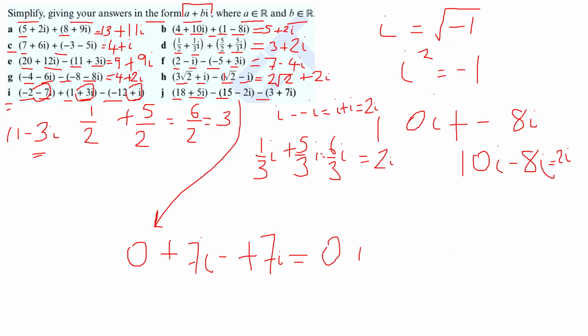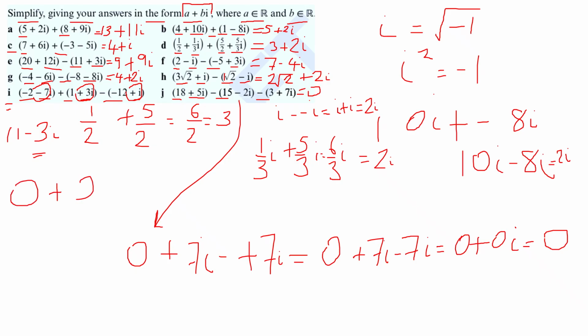So we got 0 plus 7i minus 7i, which is literally 0 plus 0i, which is just equal to 0. They will accept, of course, 0 plus 0i, but we know that 0i is just going to be 0, so you literally have 0 plus 0, which is equal to 0. So the answer for part J is literally 0.